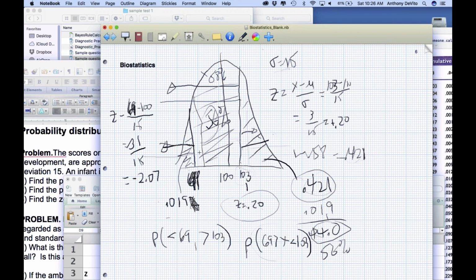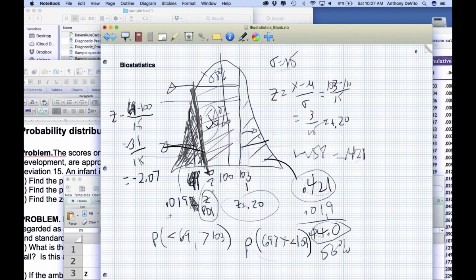We're going to tell the parents we want you to send your children for further testing, but we only want the lowest 10%. So what PDI score represents the lowest 10%? I need to find the Z-score and eventually the PDI score for the lowest 10% of children. So I know the area is 10%, but I don't know what this Z-score is.